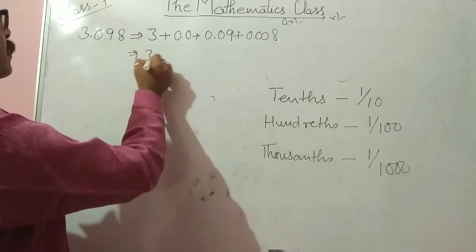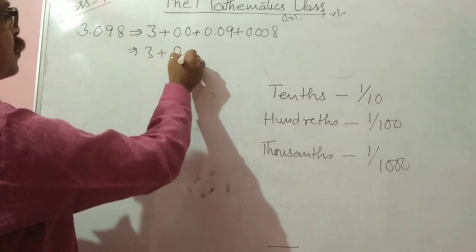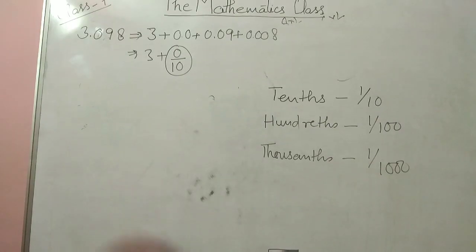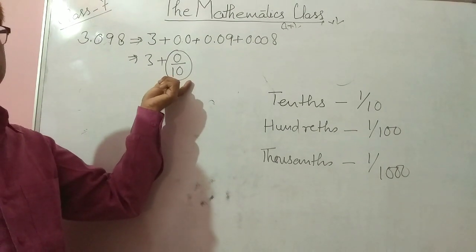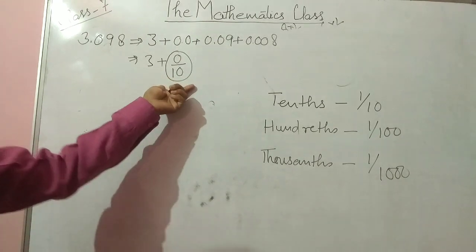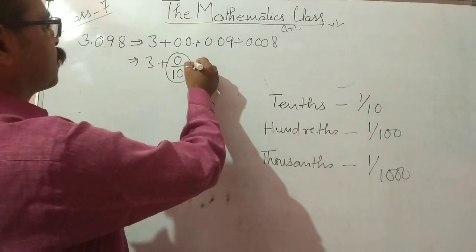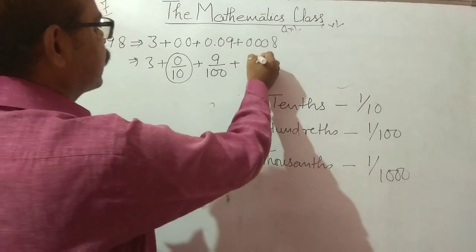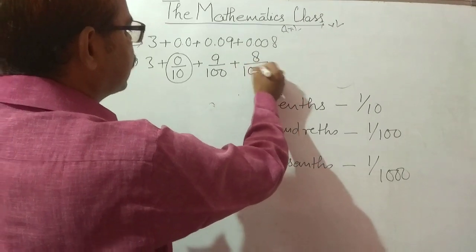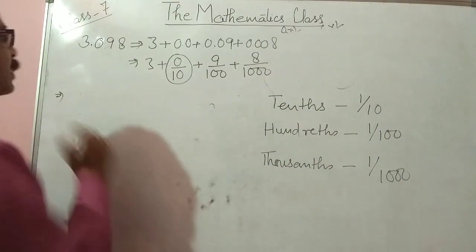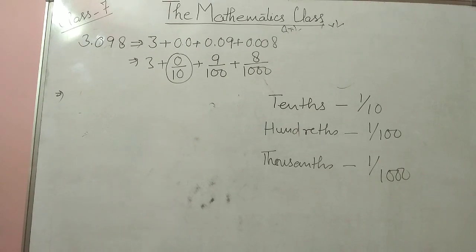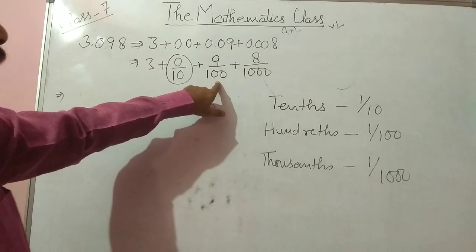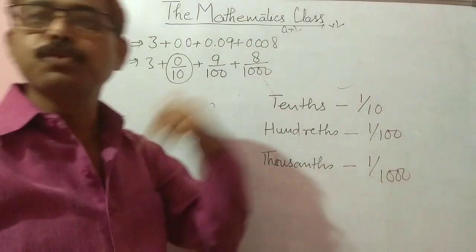Now 3 can be written as 3, and 0 can be written as 0 upon 10. It doesn't mean anything, but only to make you understand, I am writing it like this. In fact, this means only 0. This will be 0 plus 9 upon 100 plus 8 upon 1000. If you read this, it will be said as 3 ones, 0 tenths, 9 hundredths, and 8 thousandths.